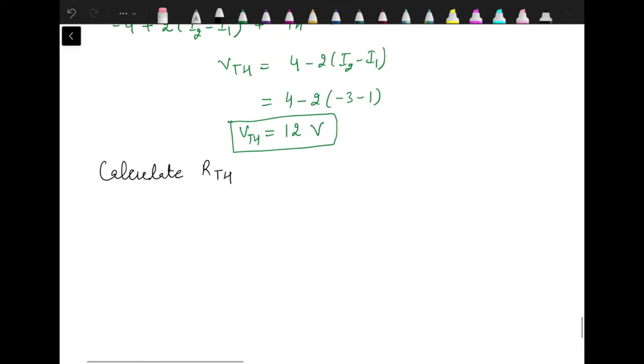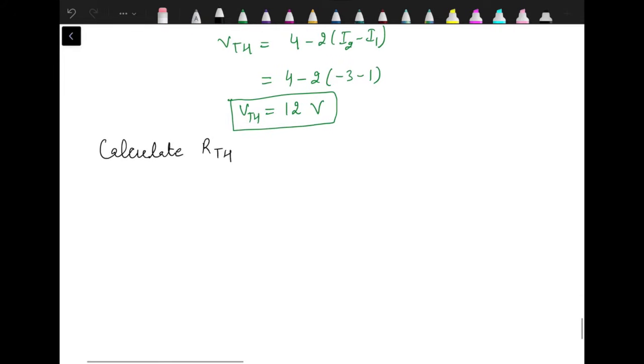For calculating RTH, the voltage source has to be replaced by short circuit. The current sources are to be replaced by open circuit. 2 ohm resistance, 3 ohm resistance.